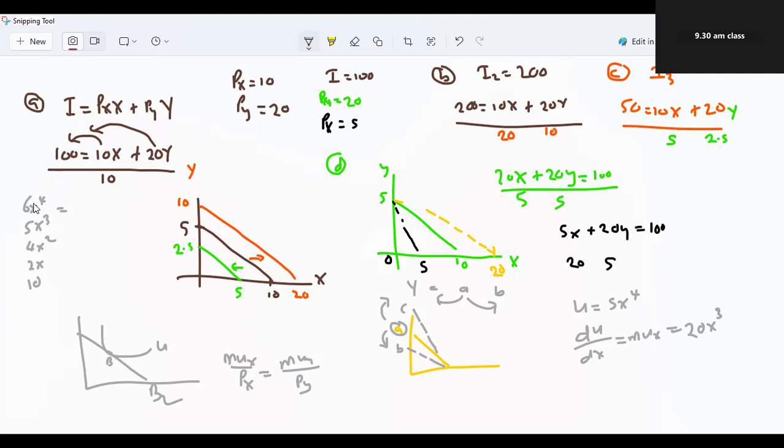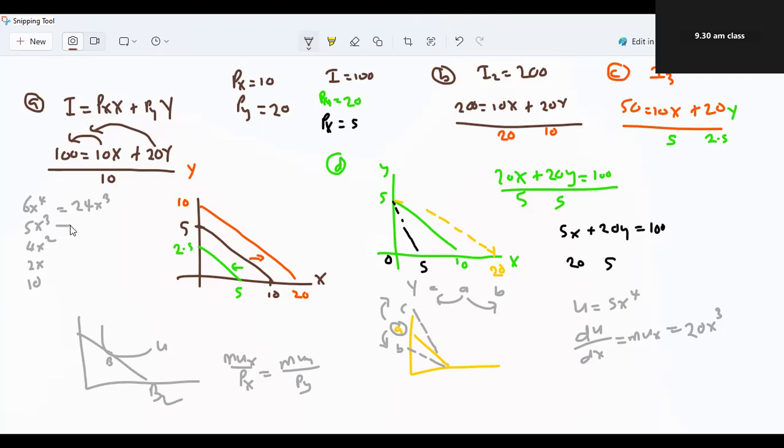Multiply the numbers and subtract 1 from the power. So this becomes what? 24x what? 24x^3. Okay? How did I get that? I multiply 4 times 6 is 24, then subtract 1 from the 4. That is how I got the 3 there.